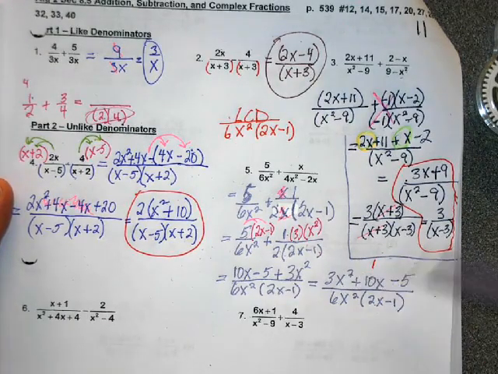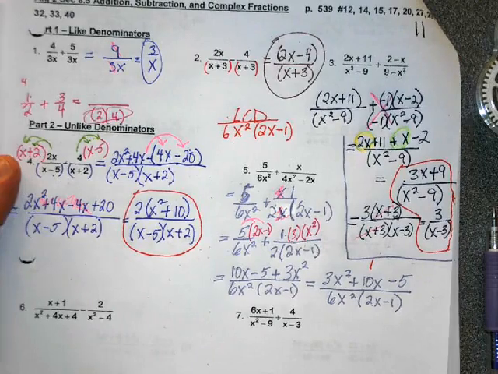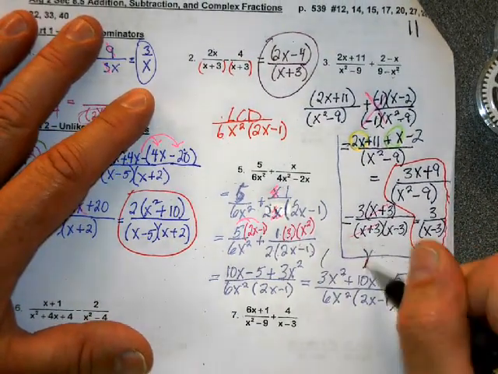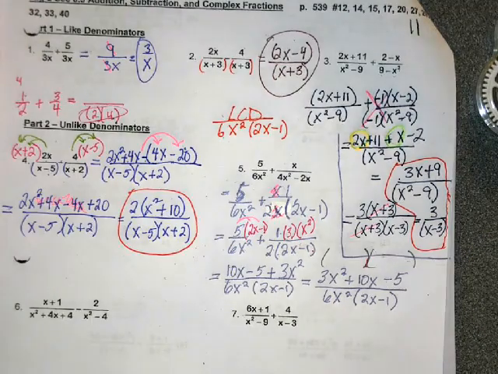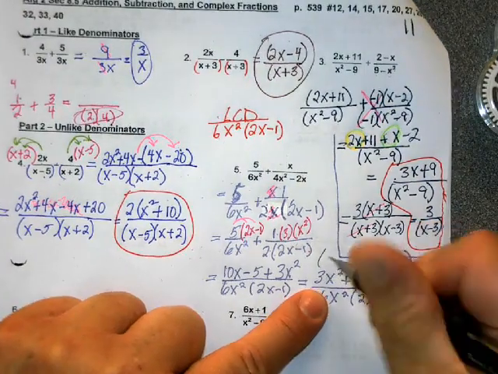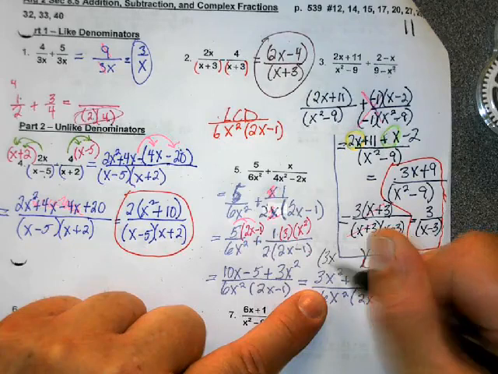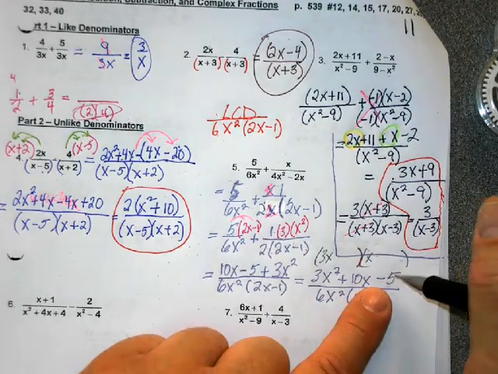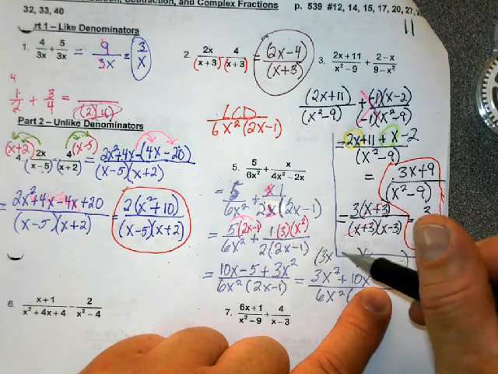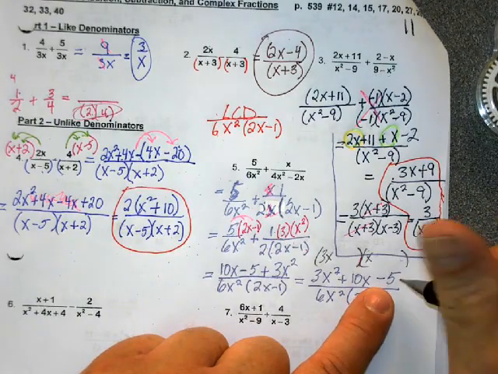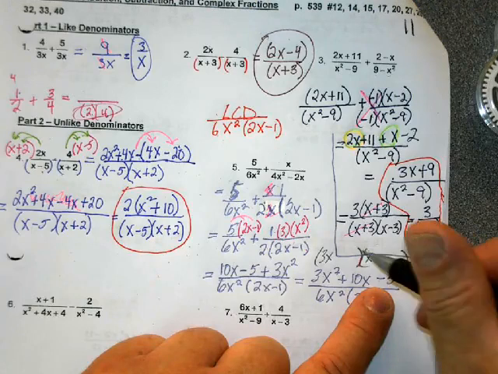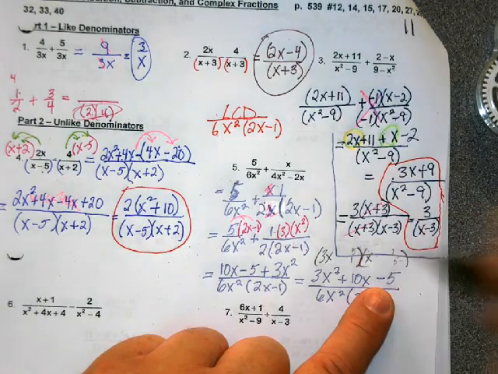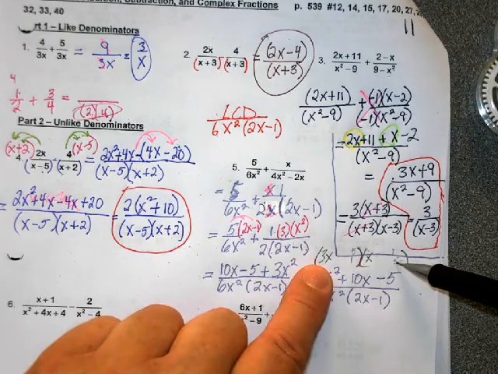Now, we need to check to see if this factors. Let's see, I'm going to use guess and check. There's only one way to get 3x squared. That's 3x times x. I have a minus sign, so one's plus, one's minus, or one's minus, one's plus. And the only factors of 5 are 1 and 5, or 5 and 1, right? If I multiply the 5 and 3, that's 15 minus 1 is 14.